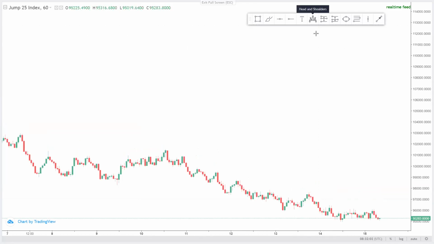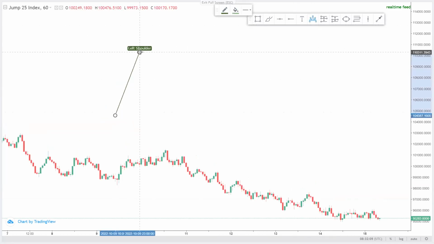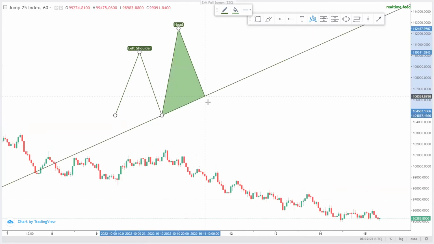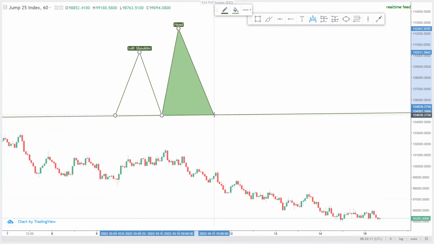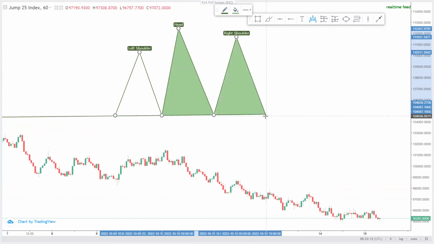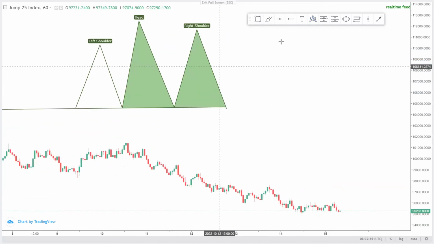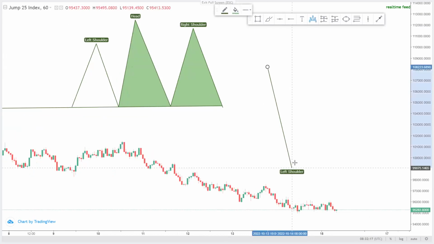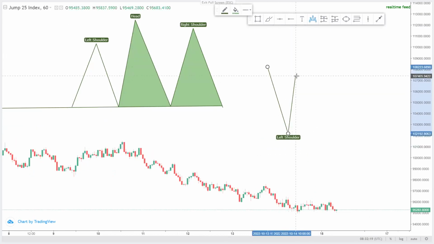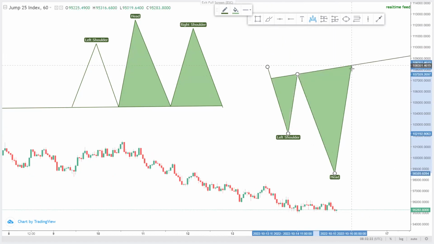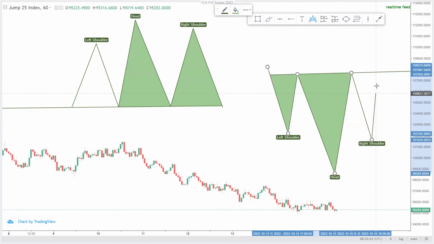Just in case you don't know how the head and shoulder pattern looks like, this is it. Then we have the inverse, which is the opposite of the head and shoulder pattern.